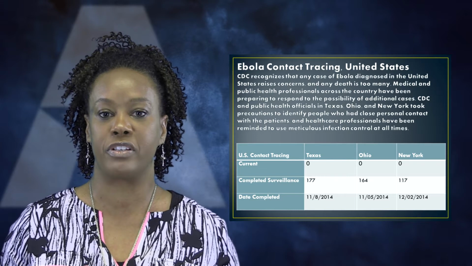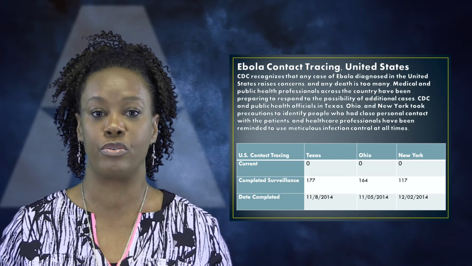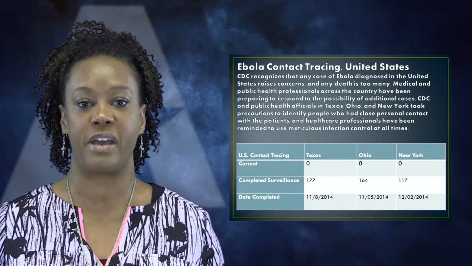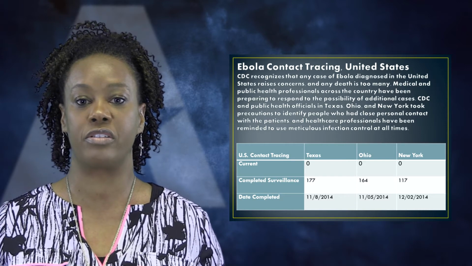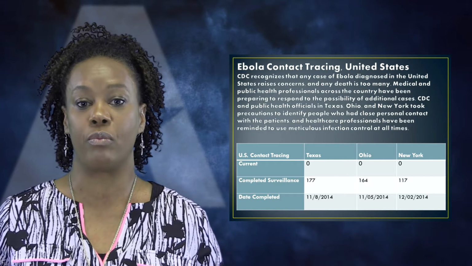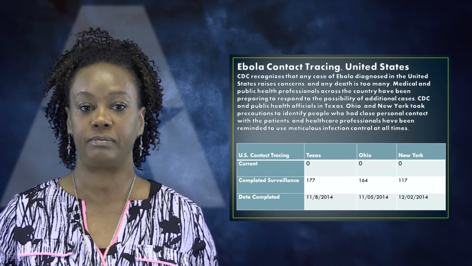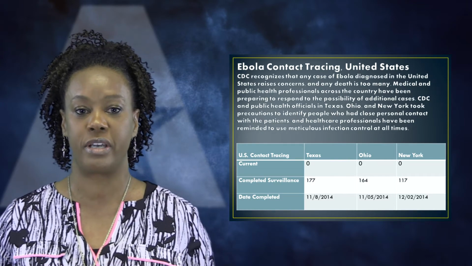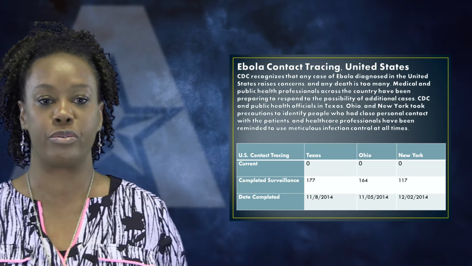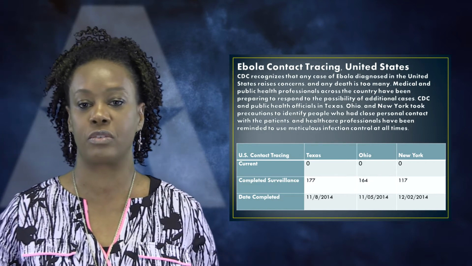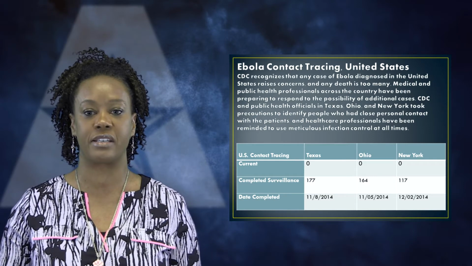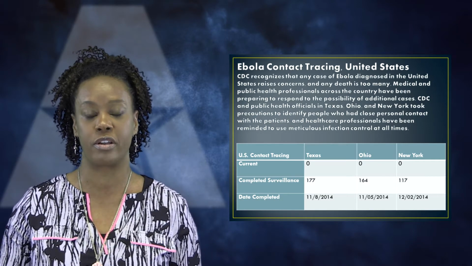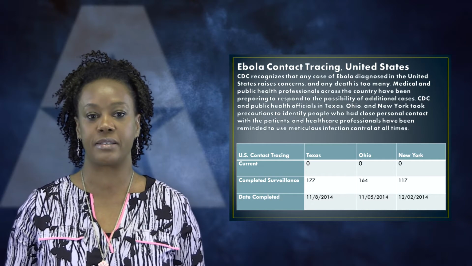CDC and public health officials in Texas, Ohio, and New York took precautions to identify people who had close personal contact with the patients and healthcare professionals that were identified. If you notice the chart at the bottom, it shows you the contact and where the traces were. Currently, we have no identified cases in Texas, Ohio, or New York, or anywhere else in the United States.